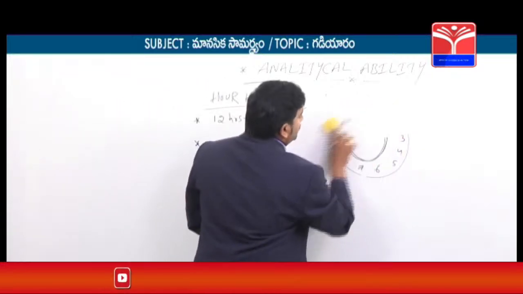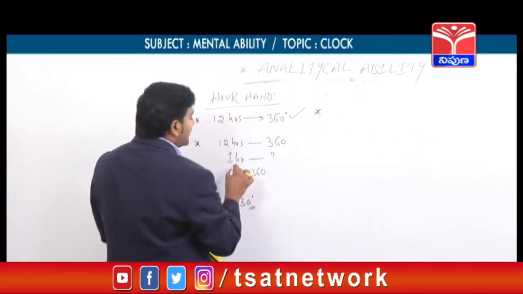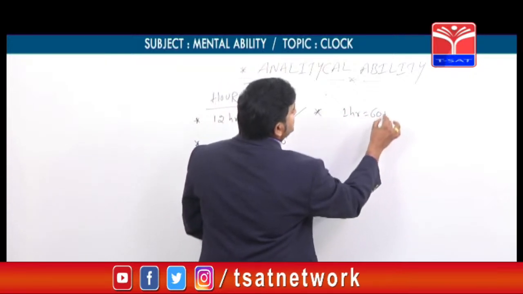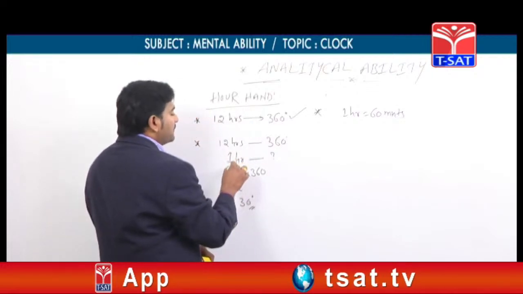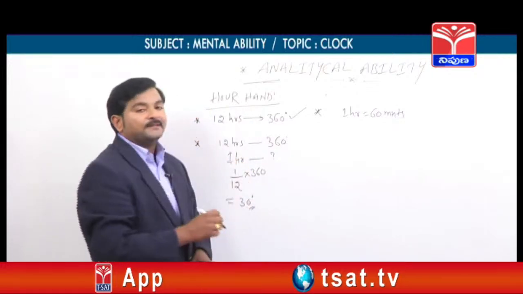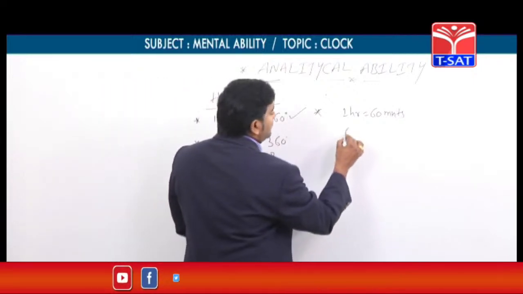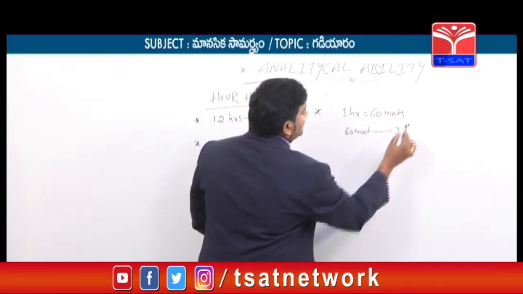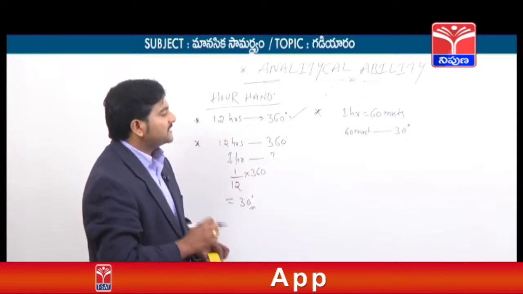Now the third point. We already know 1 hour is equal to 60 minutes. The hour's hand makes 30 degrees in the span of 1 hour, which means it makes 30 degrees in the span of 60 minutes.